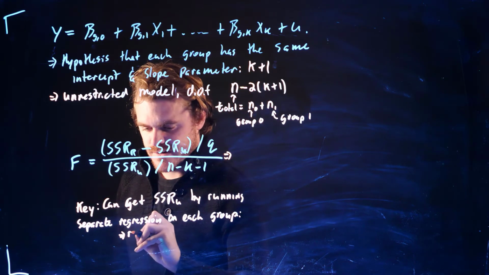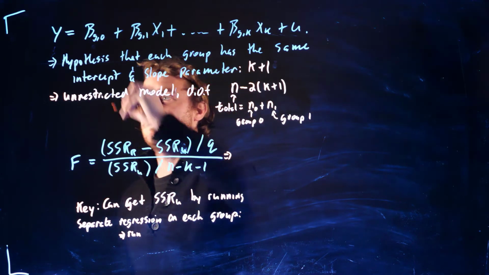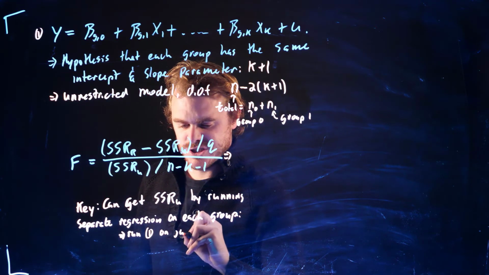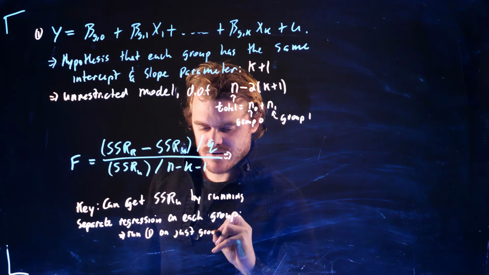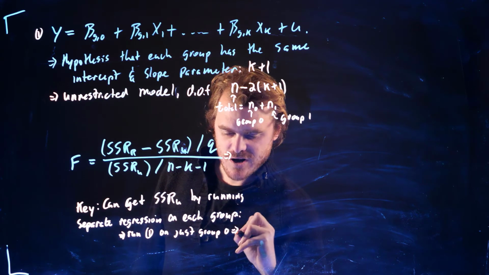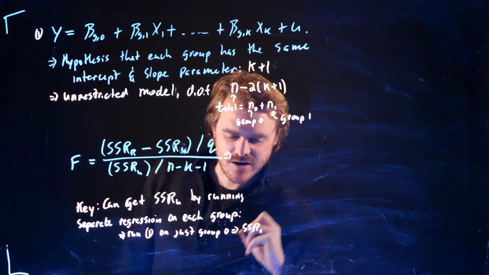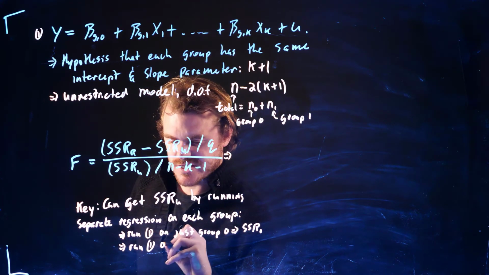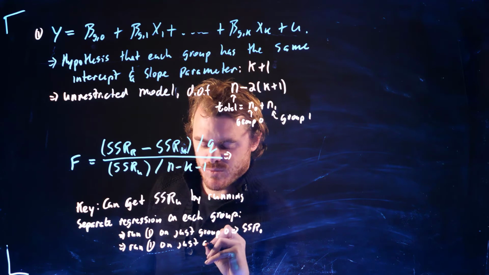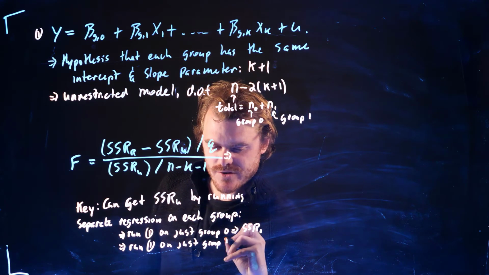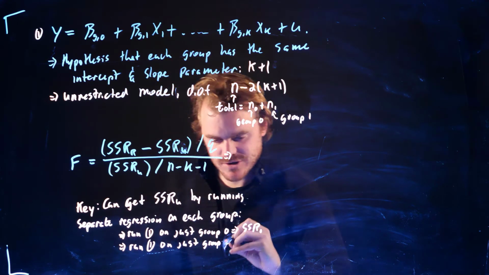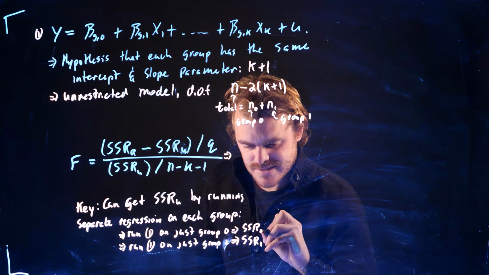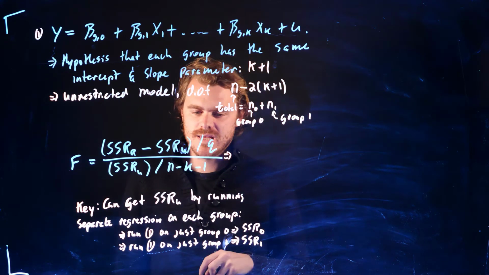So we'd run, if we call this 1, on just people in group 0. We could call that SSR 0. We could run the same regression just on people in group 1, so in the other group. So I don't have a circle around it, just 1. Call that SSR 1. This is supposed to be 0 there.